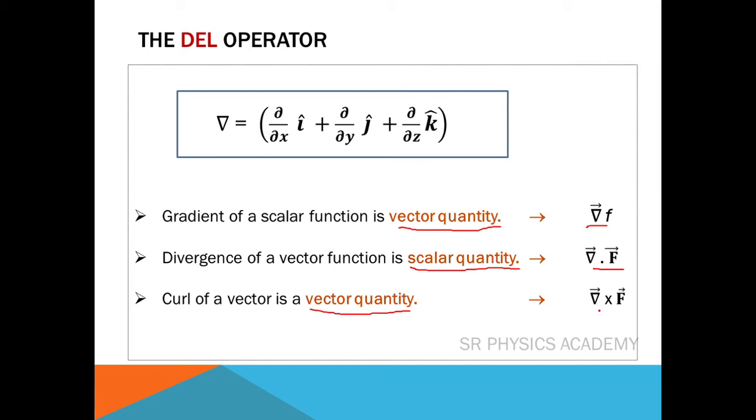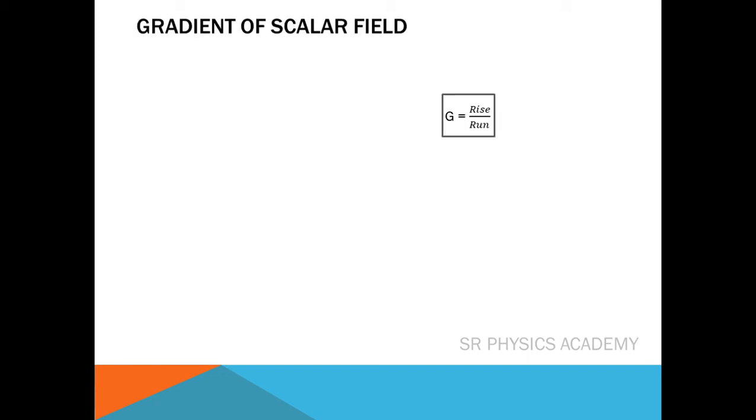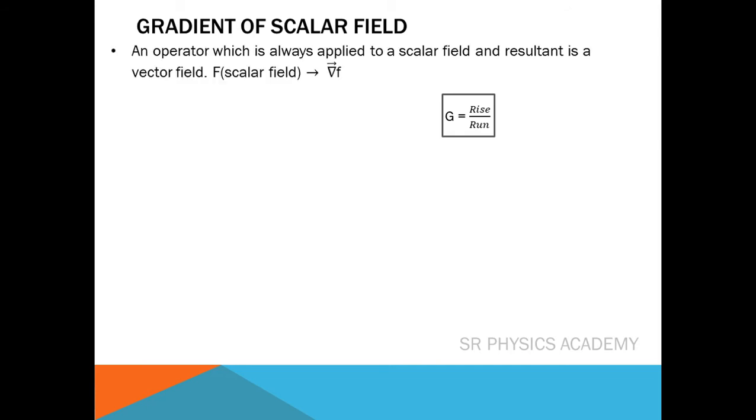The curl operation is when del crosses the vector f, so this is curl, this is divergence, and this is gradient. In the curl case, both are vectors, so the operation turns a vector field into a vector quantity. We will discuss one by one. First is the gradient of a scalar field.